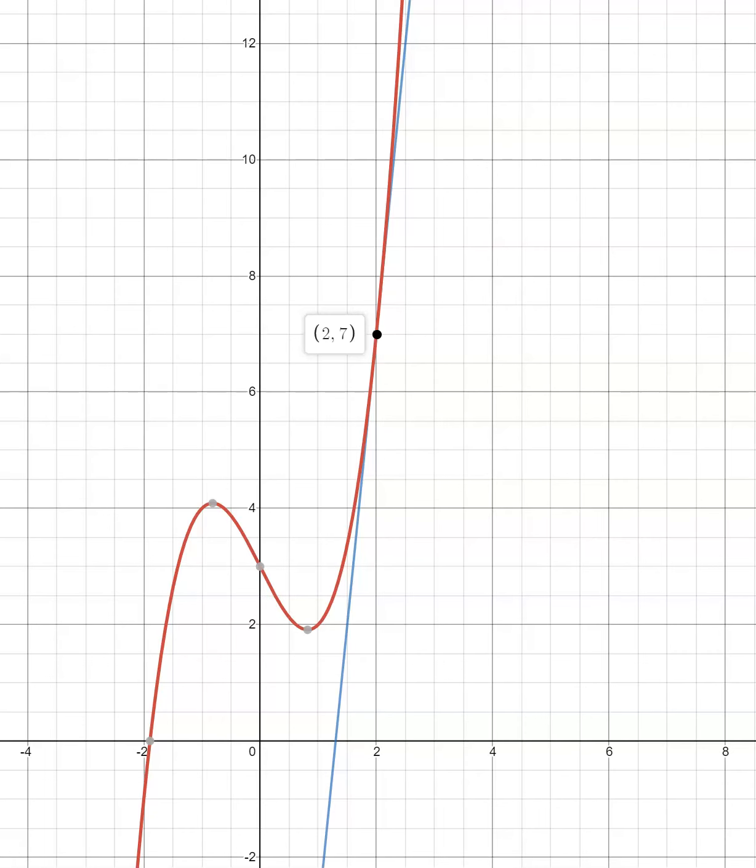Now, if we were to find the equation of the tangent line at 2, that would give us an approximation for the red curve at that point 2. So that is what we're trying to find here.